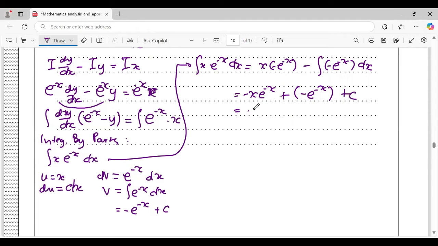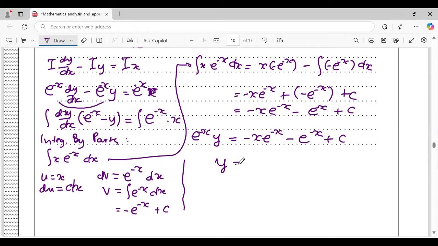It becomes minus x e power minus x minus e power minus x plus c. So e power minus x y is minus x e power minus x minus e power minus x plus c.